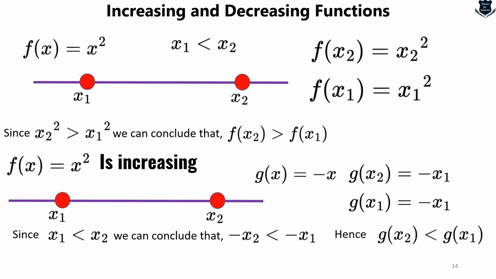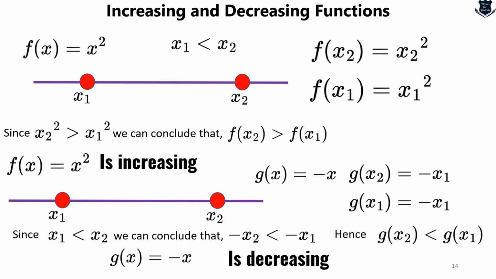Therefore g of x2 is less than g of x1, and hence g of x equals minus x is decreasing on the entire real number line. Apologies for this.